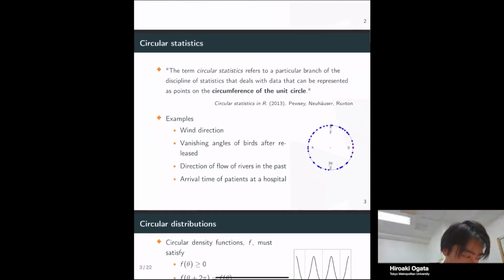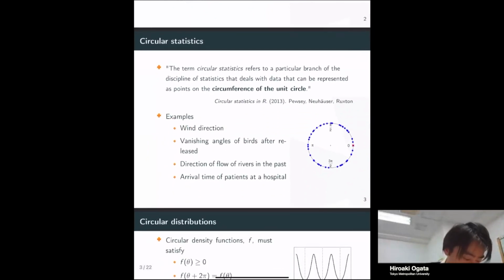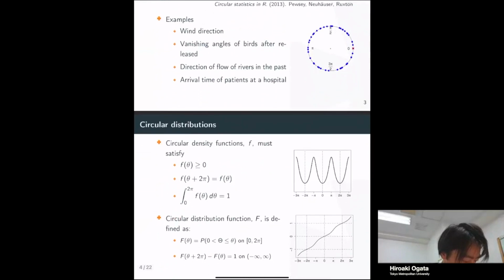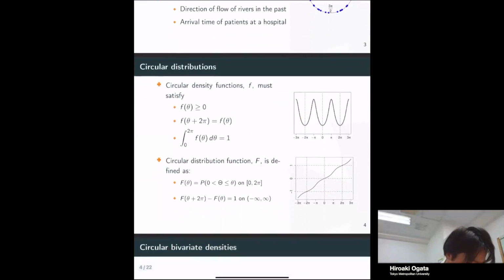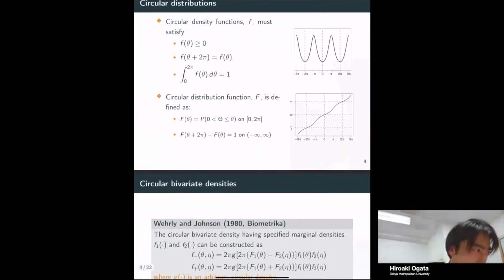Circular data, as you know, are data points represented on the unit circle, and they have periodic properties, so the circular density function small f and the circular distribution function capital F become like this, because of the periodicity.